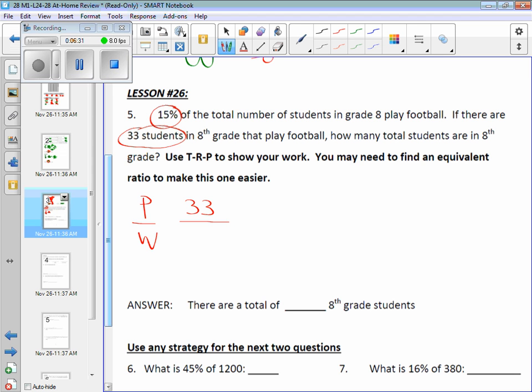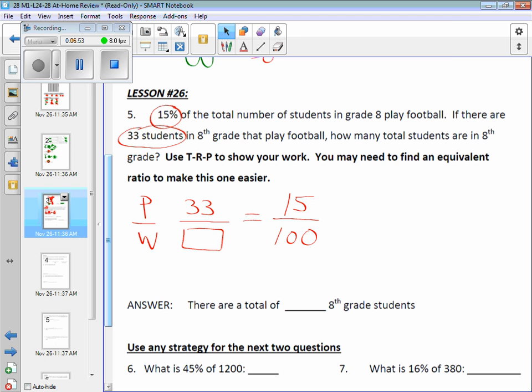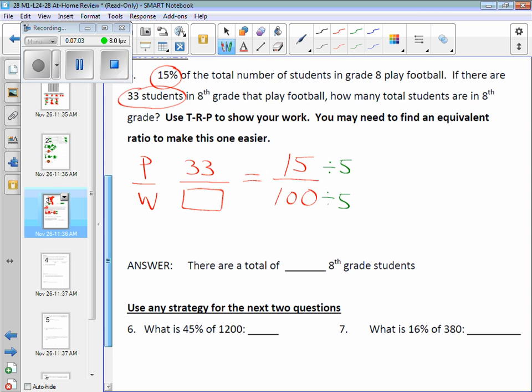We're trying to find the whole, or the total amount of students in 8th grade. The 15%. When you have a percent, you always have an entire ratio. 15 over 100. And right now we cannot connect 15 to 33. It doesn't go in evenly. So we're going to scale down our 15 over 100. And if you use a factor of 5, that's going to recreate an equivalent ratio of 3 to 20.